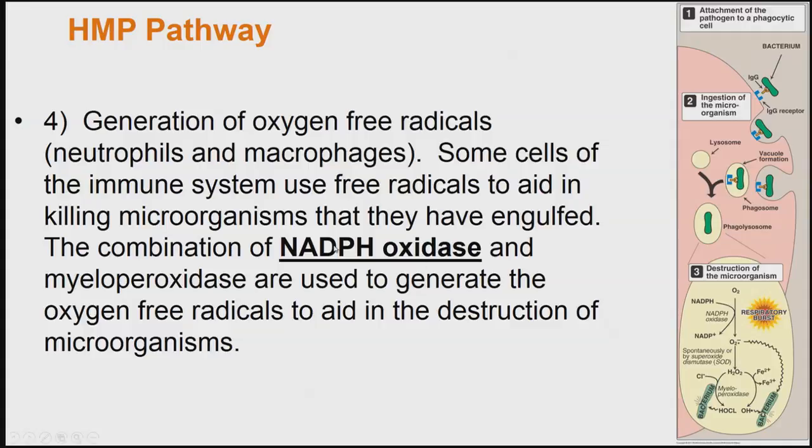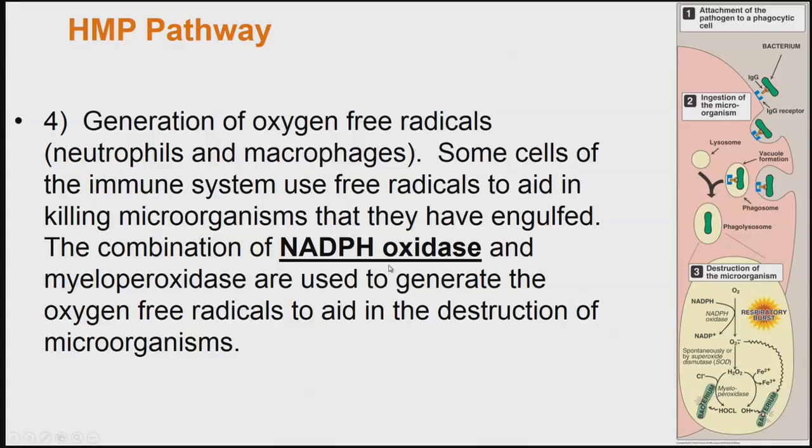There's a couple enzymes, NADPH oxidase and myeloperoxidase, that are actually used to generate these free radicals. One's bold and one's underlined; that's the one I want you to know because there's a disease associated with it. And the important thing is they require NADPH to do so. So this is another place where NADPH is used.